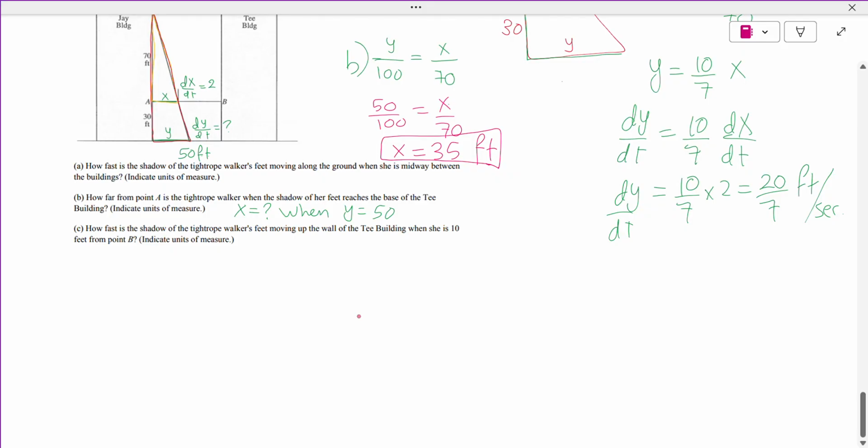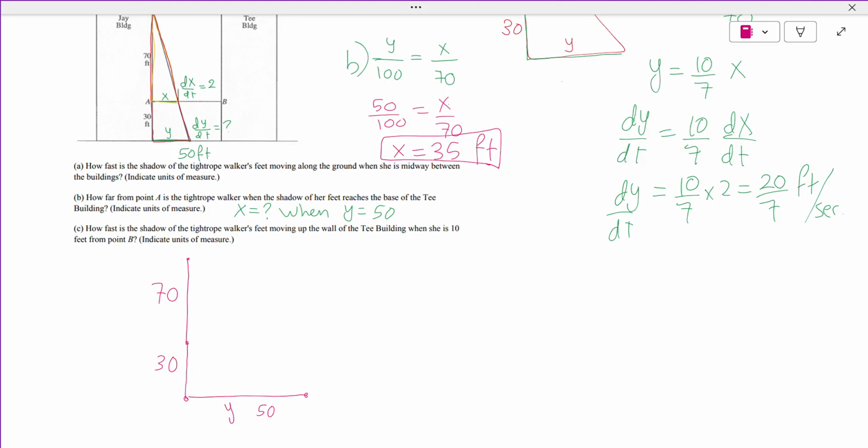So there is 70 from this point to this point. There is 30, right? There is y, which is going to be 50 here, right?